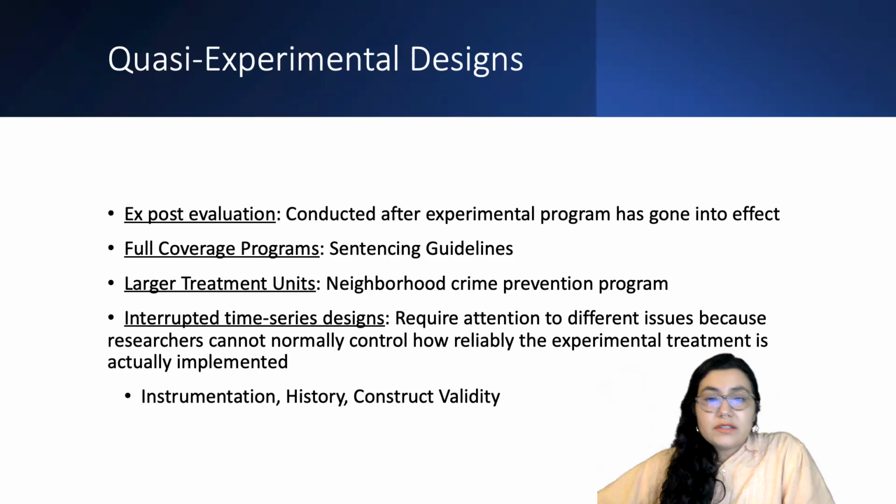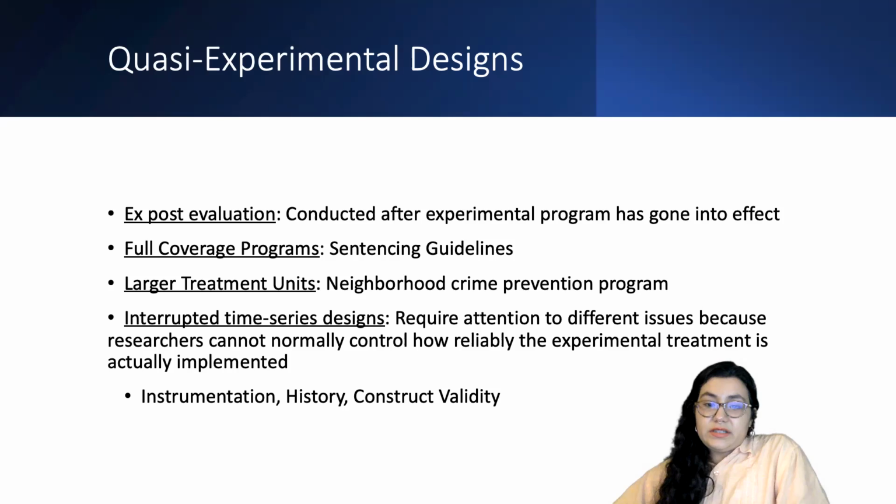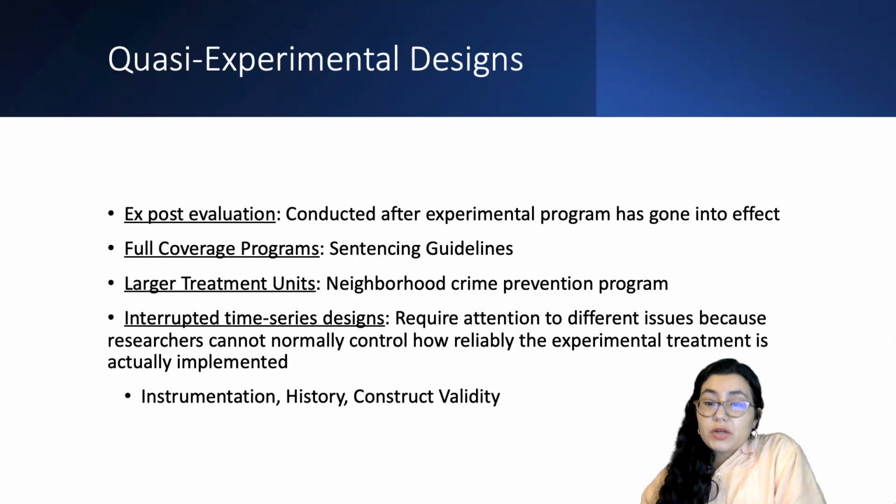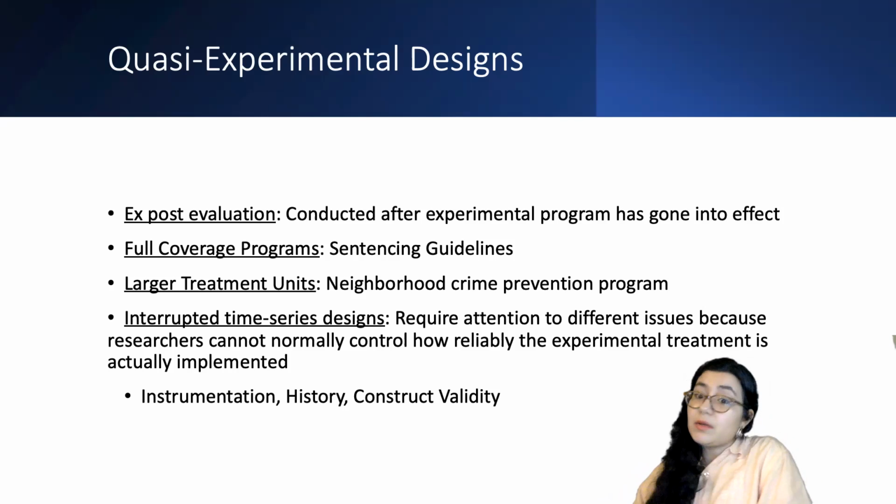And we can also use interrupted time series to understand different issues, because researchers can't normally control how reliably the experimental treatment is actually implemented. That's an issue that we went into when we got into evaluation. If we're instituting a certain type of program, it might be implemented differently among counselors, right?